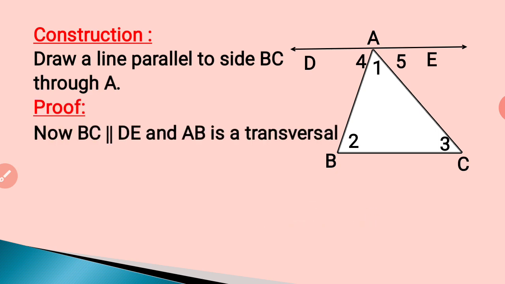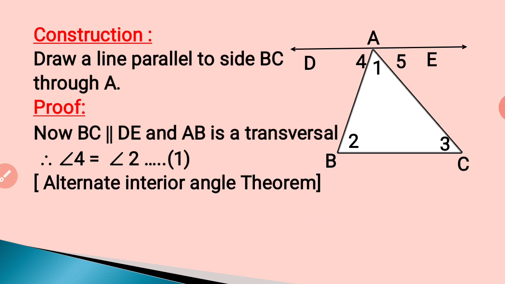Now let us begin with the proof. Let us consider BC and DE to be parallel, which we have constructed, and AB to be the transversal. Now if I consider AB as transversal, then angle 4 and angle 2 will become alternate interior angles and they'll be equal.